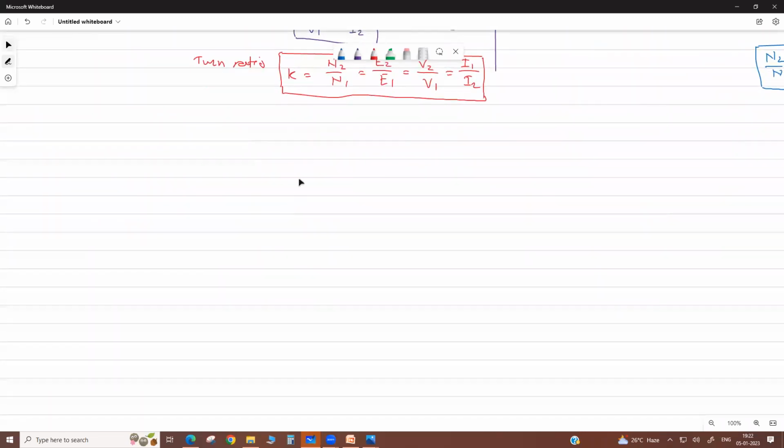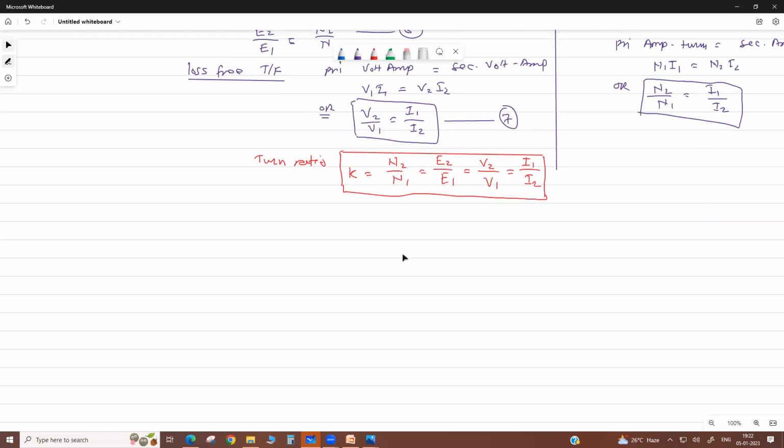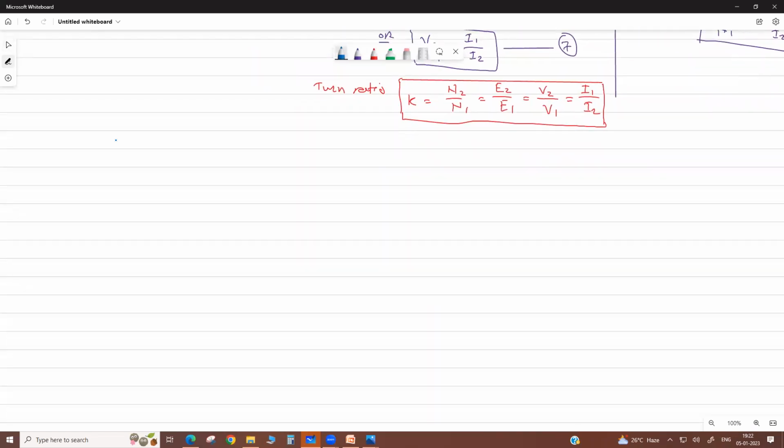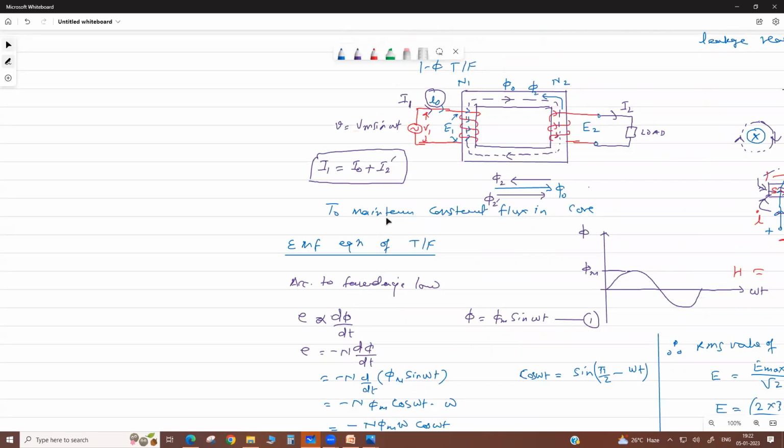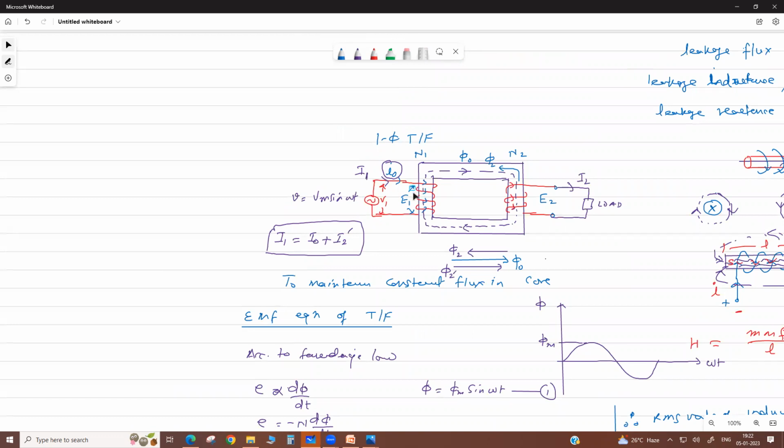Now we come to the equivalent circuit of a transformer. What is the equivalent circuit? As you know, the primary and secondary of a transformer consist of wire, so they have a length and cross-section area, so there is a resistance of the primary.